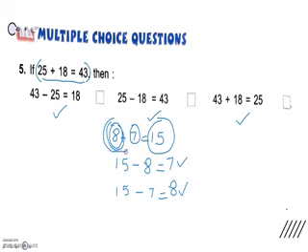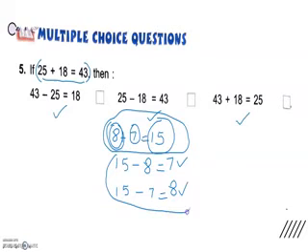From this addition fact, we can write these two subtraction facts. That is, from the addition fact, the answer 15 minus the first number, we will get the second number 7. Also, the answer 15 minus the second number will give the answer as the first number. So this is true for this addition fact.